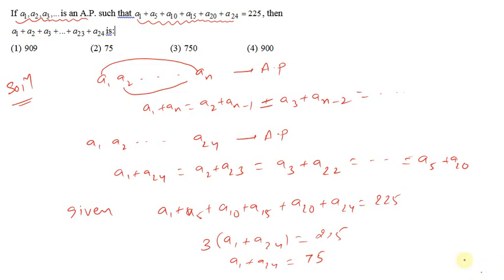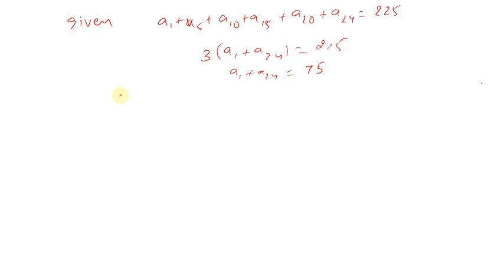Next, let me continue with this. Let me calculate a1 plus a2 plus a3 and so on, a24, the sum of all the terms. N by 2 into first term plus last term, a1 plus a24.